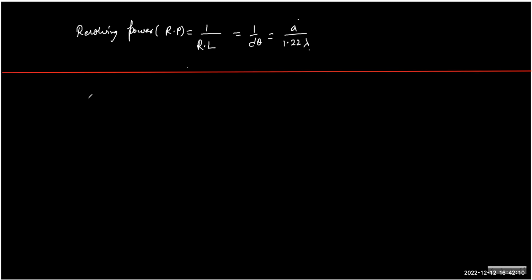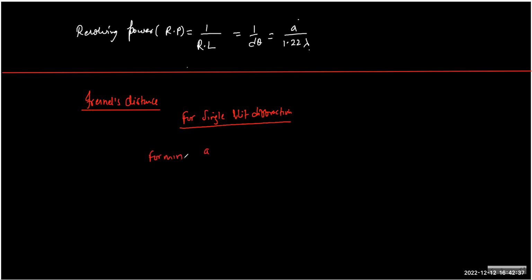There is also something called Fresnel's distance. So we know that for single slit diffraction, for minima, A sine theta equals n lambda.